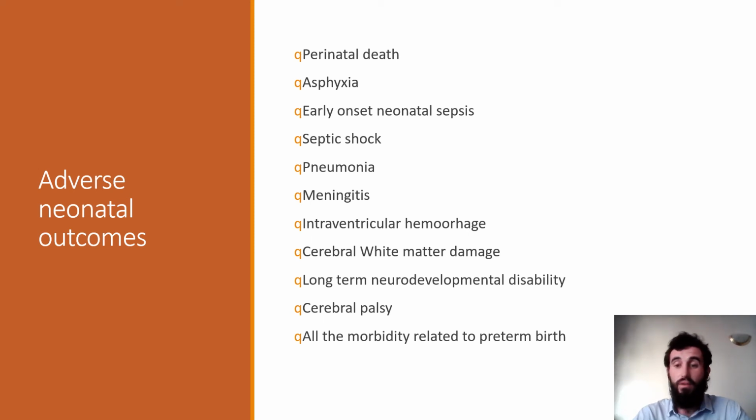So that is the reason why it is very important to have an accurate diagnosis and to treat chorioamnionitis in time.